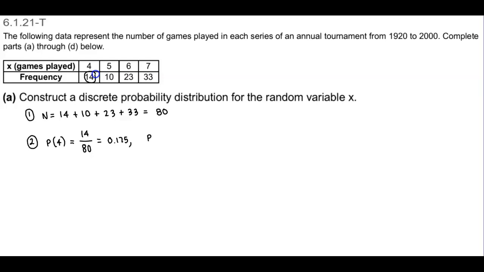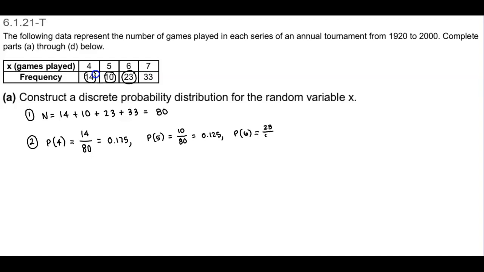Then we want to find the probability of 5. So we take the frequency of 5, which is 10, and divide that by 80. That gives us 0.125. Then we want to find the probability of 6, and we can see that the frequency for 6 is 23.